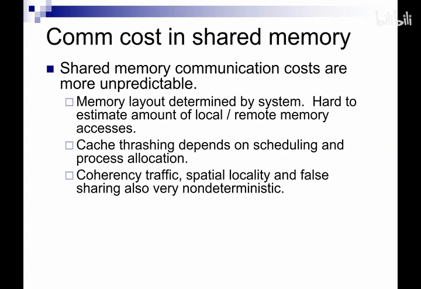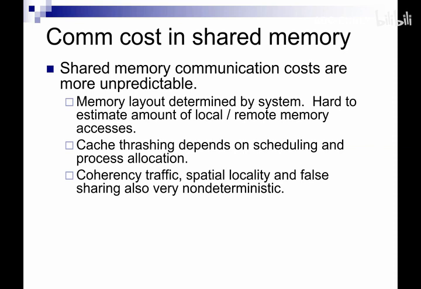Other sources of unpredictability are things like cache thrashing. Your cache hit rate depends on who you're sharing your cache with in the shared memory setting, and this in turn depends on the scheduler and process allocation. If you happen to share with another processor that doesn't need much cache, then you have the cache to yourself, and so you can make a lot of fast accesses through the cache.